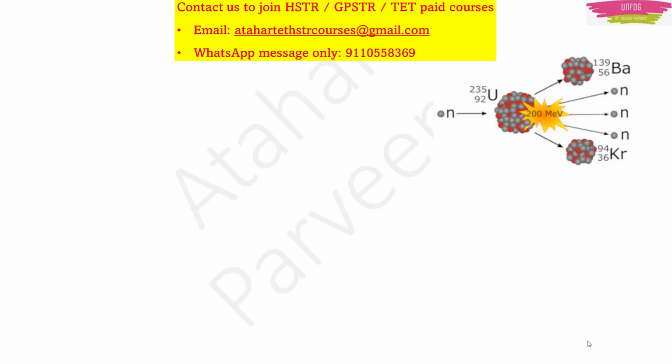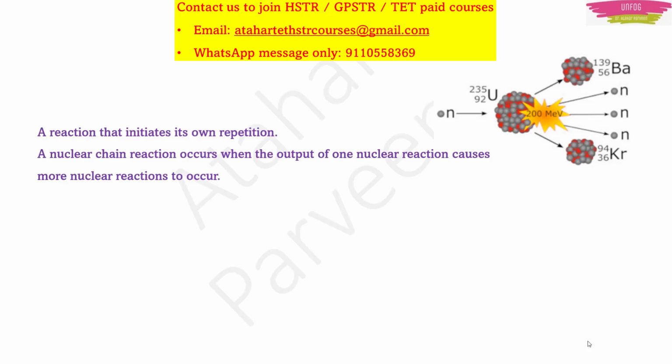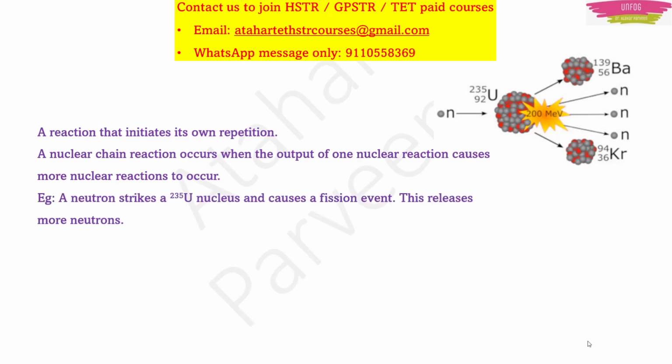This reaction initiates its own repetition, meaning it will repeat by itself, and the nuclear chain reaction occurs when the output of a nuclear reaction causes more nuclear reactions to occur. Again that reaction's output causes more nuclear reactions to occur. That's why the name nuclear chain reaction, right?